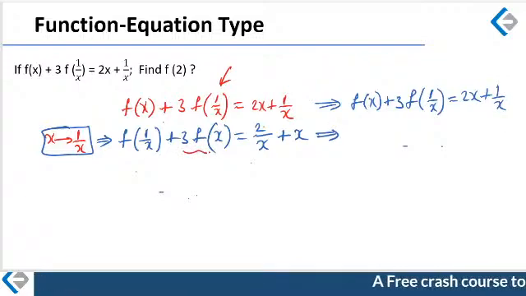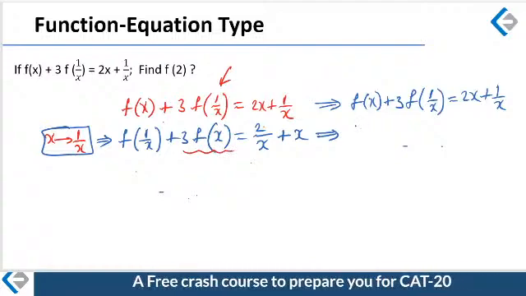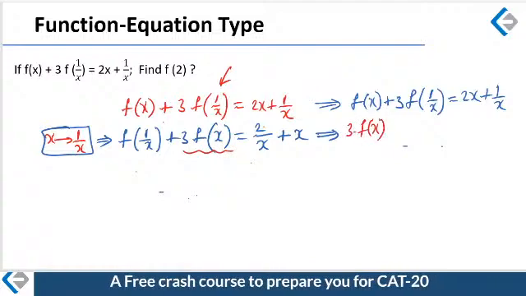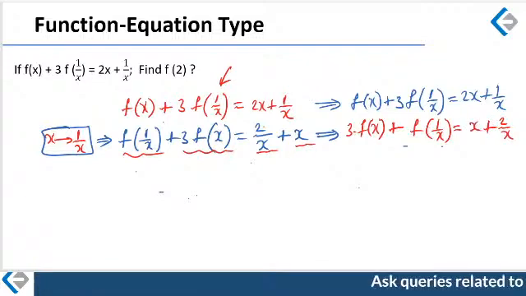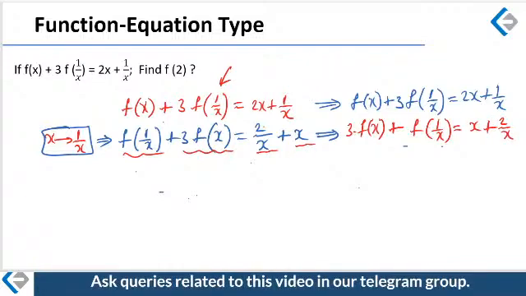I will write x under x: this part under this 3 times f of x, plus f of 1 by x, which is equal to 2 by x, plus x. Now this looks something like this.